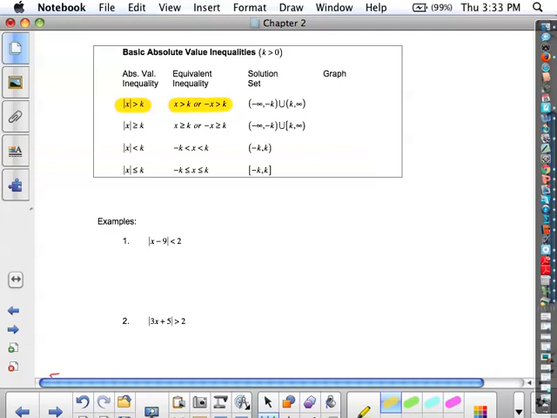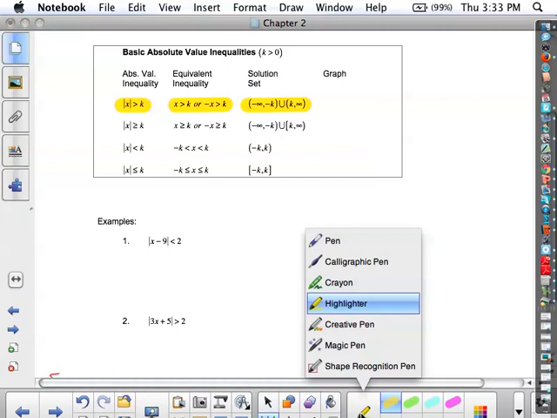And when you get the solution set, now instead of 1 number, 2 numbers, or the empty set, you are going to get either 1 region or 2 regions or no regions. So in this case, we're going to get 2 regions.